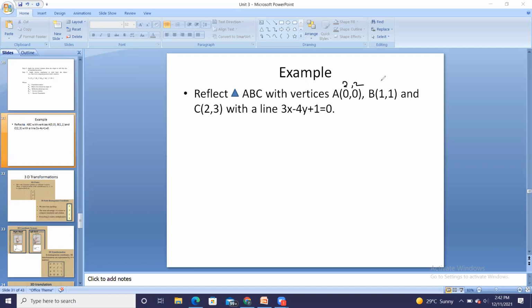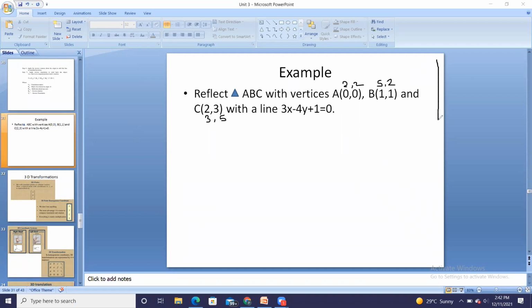Then here I will have, suppose, (5, 2). And here I will have (3, 5). Okay. So we will draw the triangle with respect to these values so that it will be easier for us.